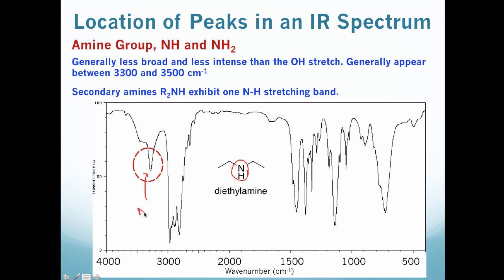So here's this NH stretch. Again, we're not going to confuse that with an OH because it's just really too narrow for an OH. So this is really telltale of an NH stretch, a secondary amine. And again, it's in that 3300 to 3500 wave number region.